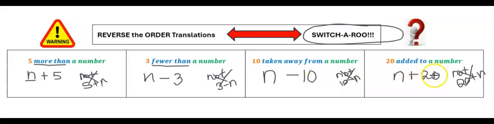And the 20 came first, but it comes second in your expression. So you have to read for understanding that you know that order matters in math. And when you're translating these, you have to translate it in the order they're telling you to use in order to get it correct. So watch out for those switch words, and when you see them, just know you've got to switch it around.